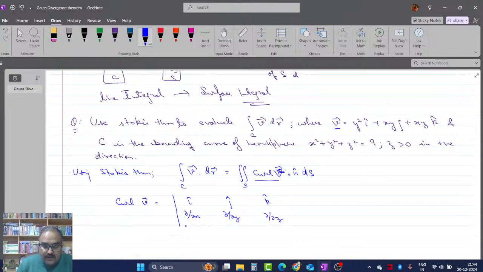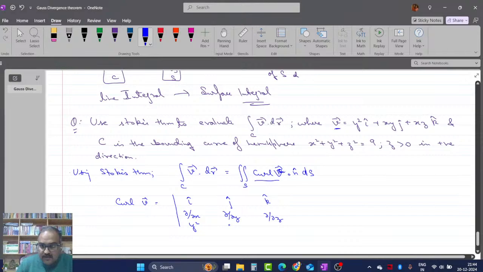So the coefficient of i cap in v is y square, xy and xz, determinant of this one.